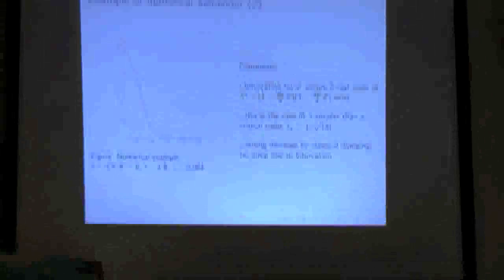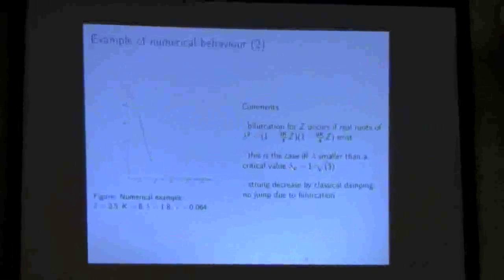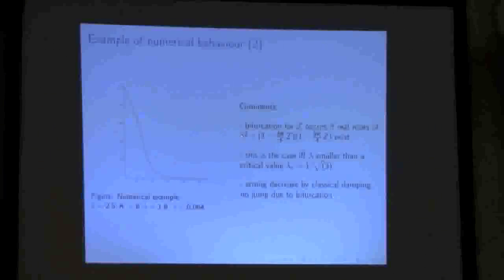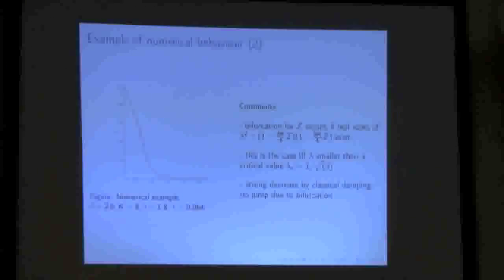And it is interesting to see that, in some sense, it could be analyzed that you have a critical value for the lambda parameter, and lambda parameter is associated with damping.